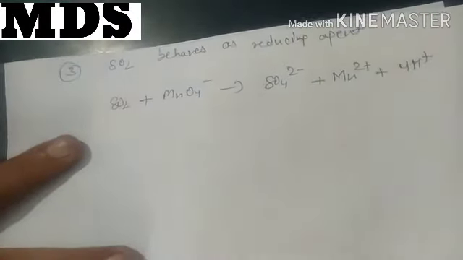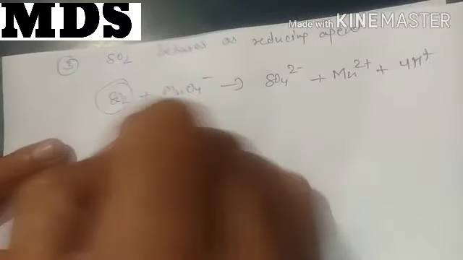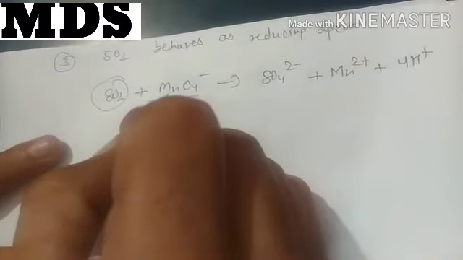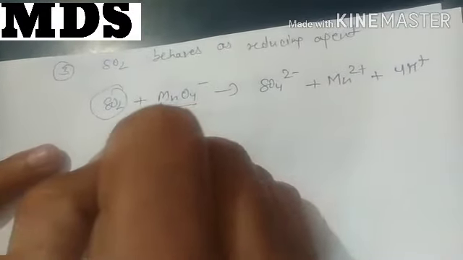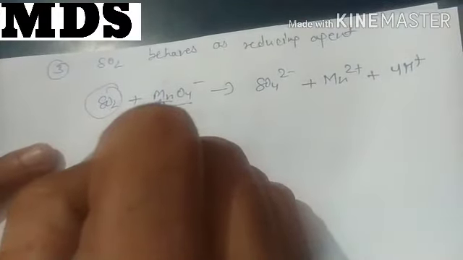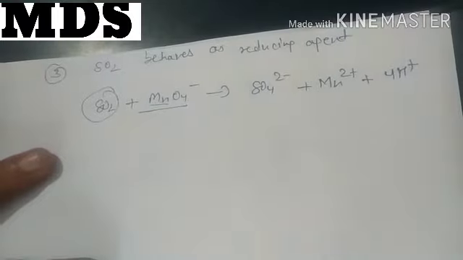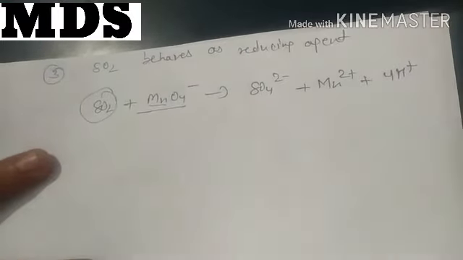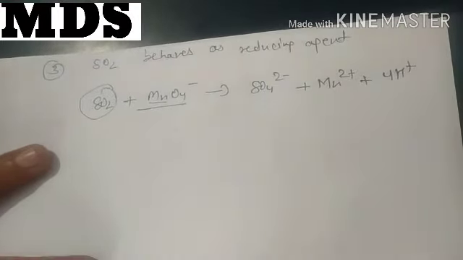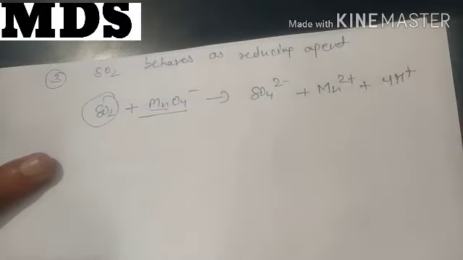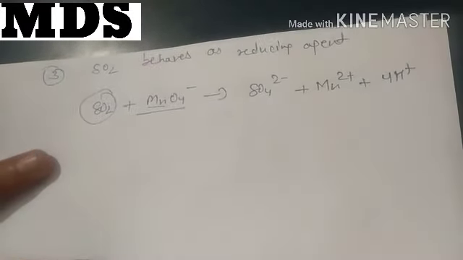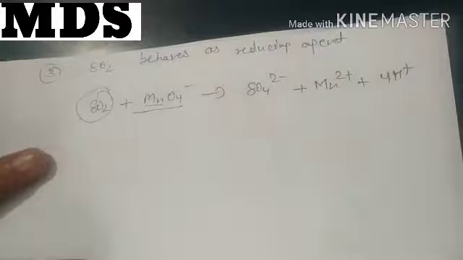Sulfur dioxide decolorizes permanganate by reducing the manganese oxidation state. So it does the reduction, and sulfur dioxide is behaving as a good reducing agent. It also converts Fe3+ to Fe2+, showing its reducing behavior. You can show the reducing behavior with any particular reaction here.